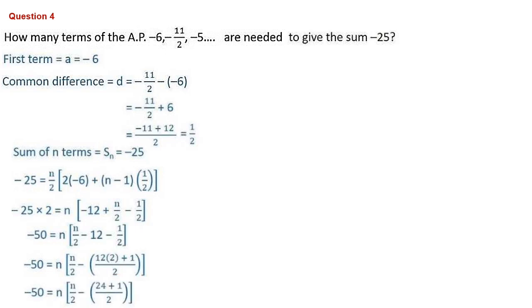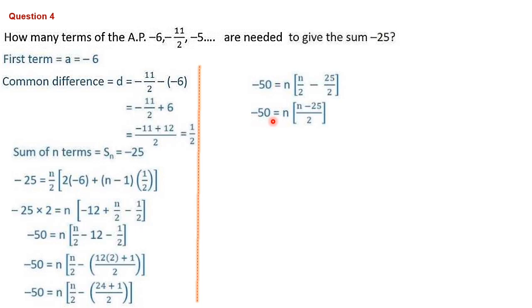That is minus 50 is equal to n into n by 2 minus 12 into 2 is 24 plus 1, divided by 2. Then minus 50 is equal to n into n by 2 minus 25 by 2. Then take 2 common as the LCM; since both have the same denominator, subtract the numerators: n minus 25.